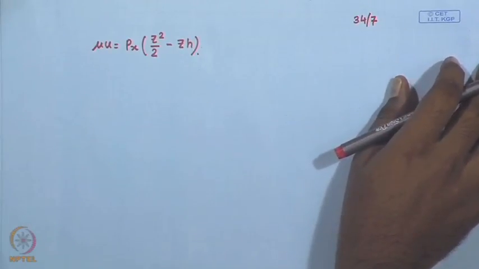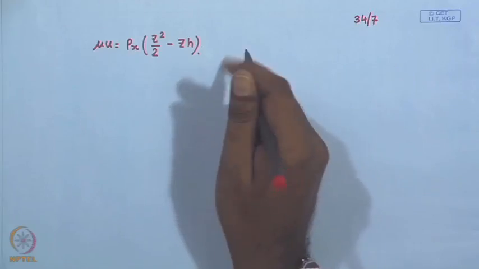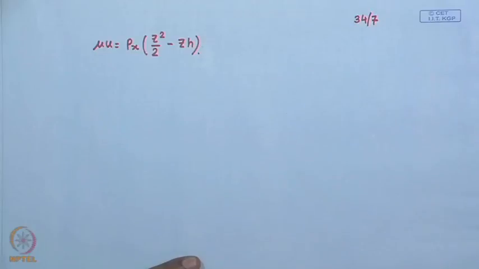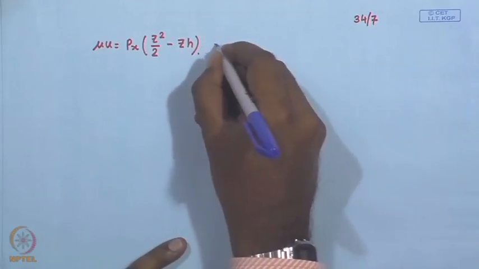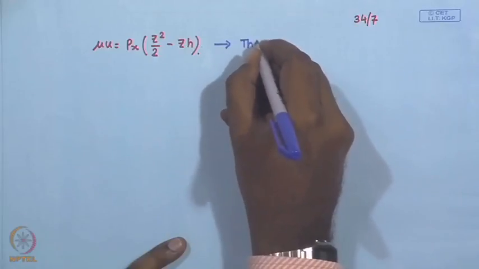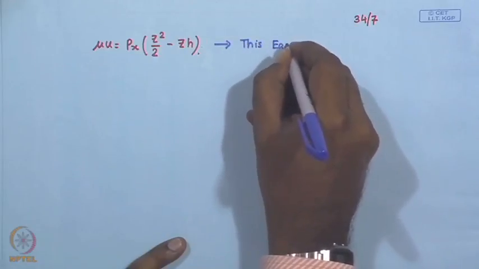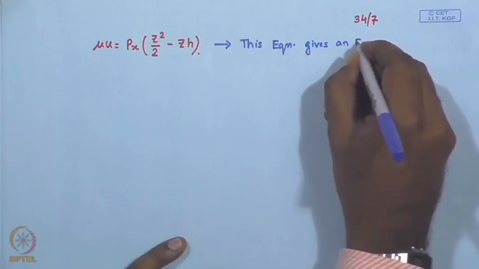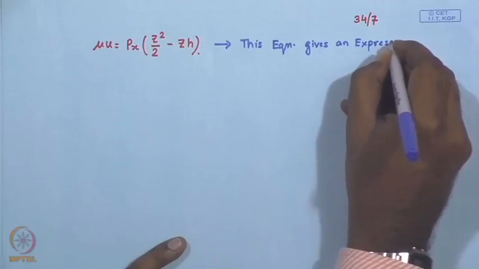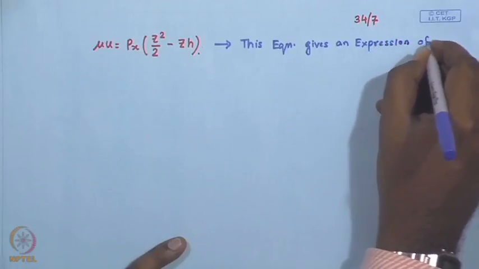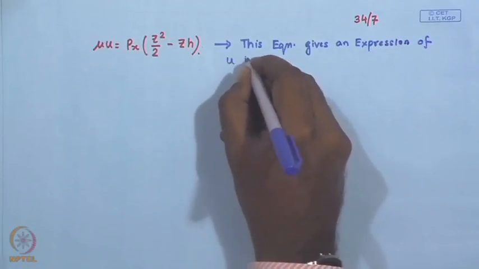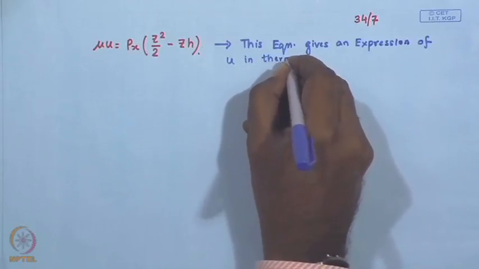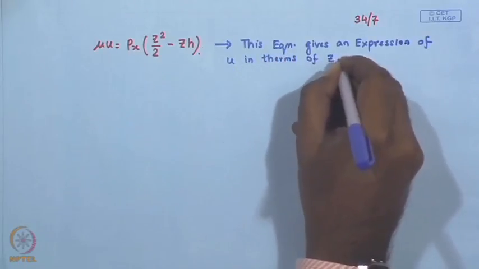Now what we can do is that we understand this equation gives an expression of u in terms of z.